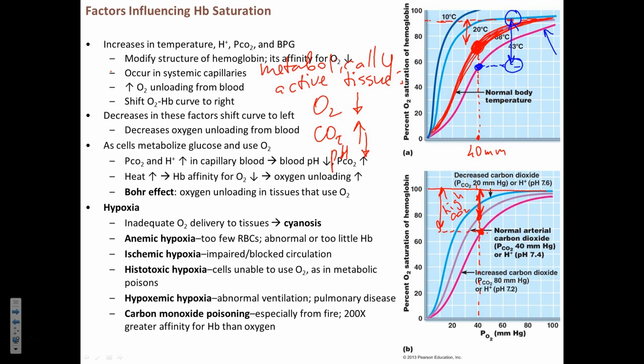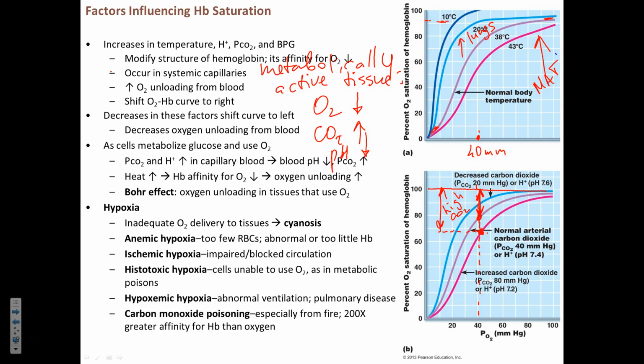Does that make sense? So basically, that hemoglobin dissociation curve, if we go back to the upper picture, this effectively will be the hemoglobin dissociation curve in the metabolically active tissues. This will be the hemoglobin dissociation curve in the lungs. Do I make sense here?